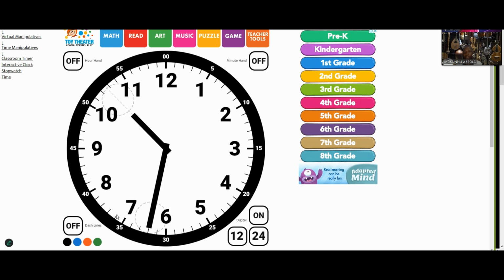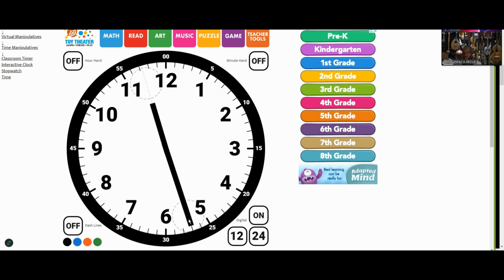So this is 24 minutes past 11, because 24 counts like 5, 10, 15, 20, and 24. Is that clear? Yes. That is 24 minutes past the hour, which is 11.